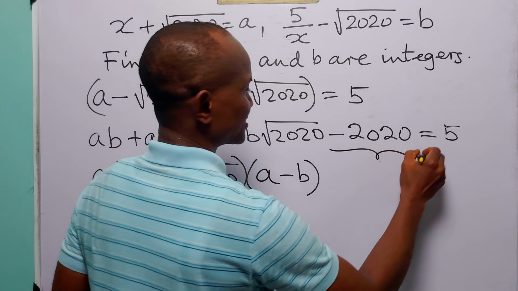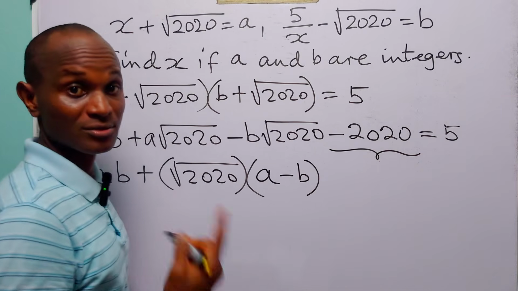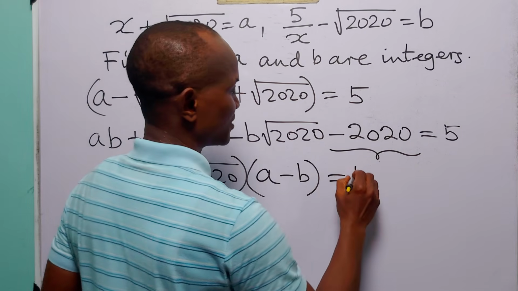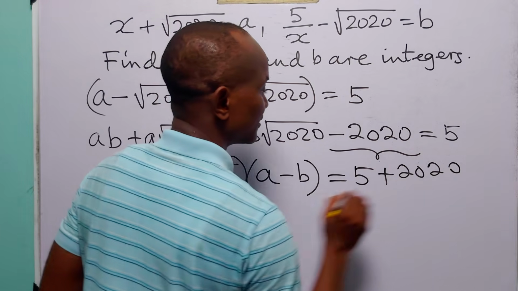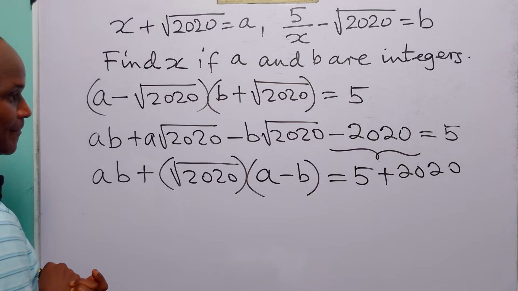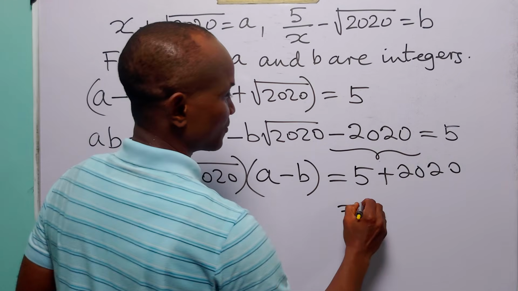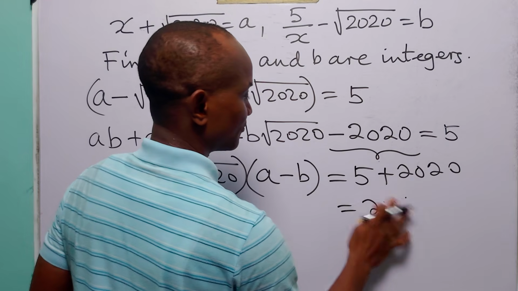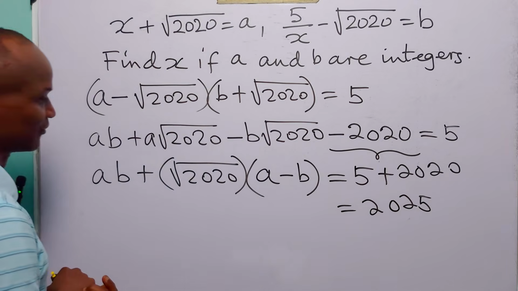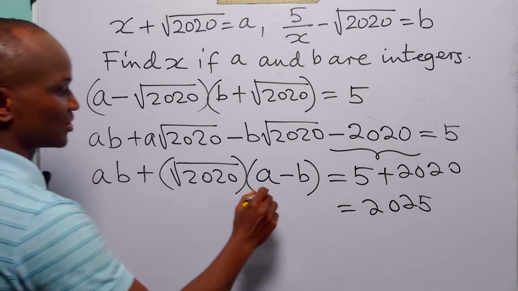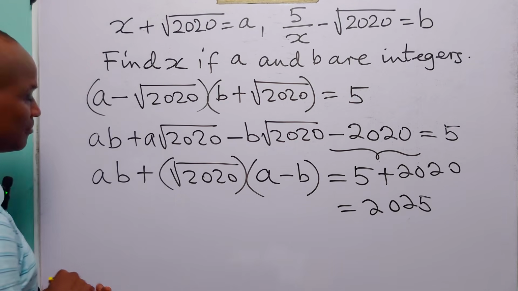Now let us move this constant over to the right to join 5. When we do that, we have 5 plus 2020. Now, of course, this is equal to 2025. Let us look at this equation.